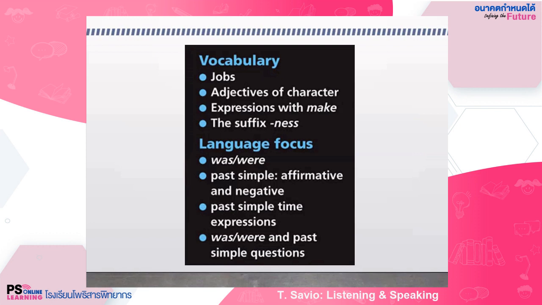We will also learn about adjectives of character, how to describe someone who is brave, someone who is funny, someone who is kind, someone who is cheerful, someone who is serious. Okay. Next, we will be doing expressions with make. We will be learning about expressions. Make a cake, make something.